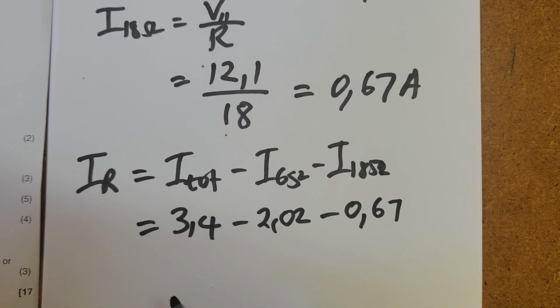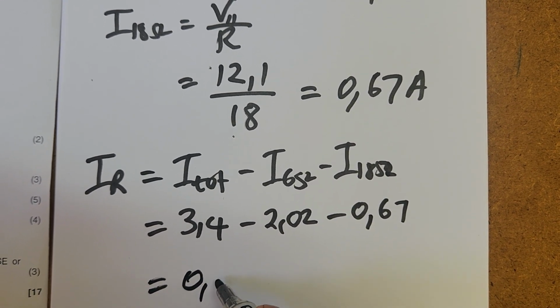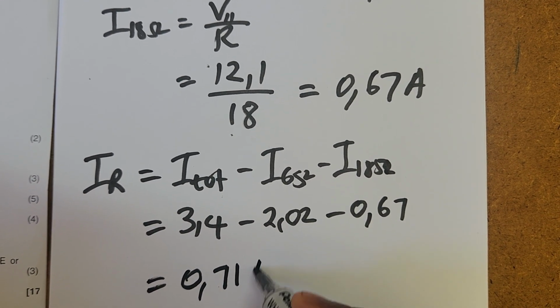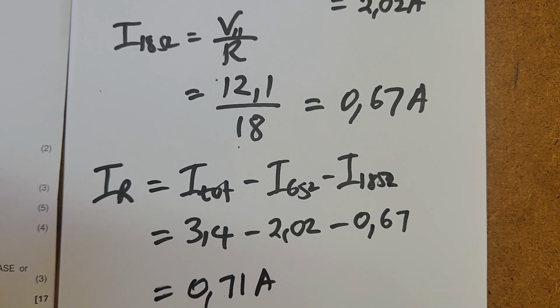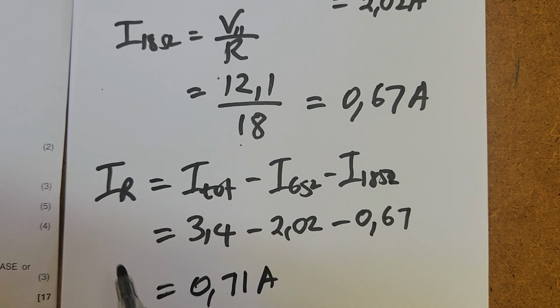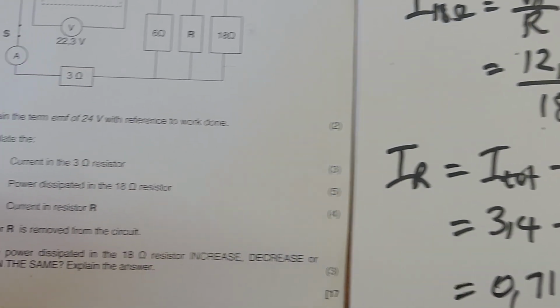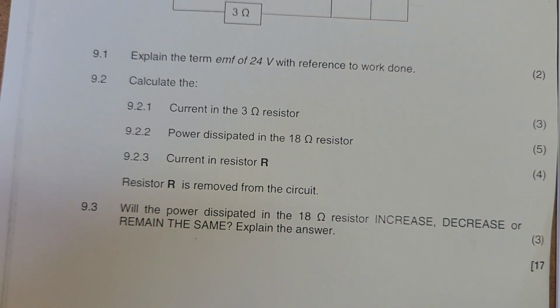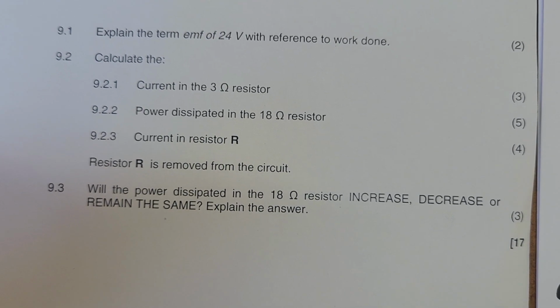Then if you use your maths, you will find that the total is 0.71 amperes. That will be the total current that flows through the R. So that is 9.2.3. And then we go to the last question, that is 9.3.